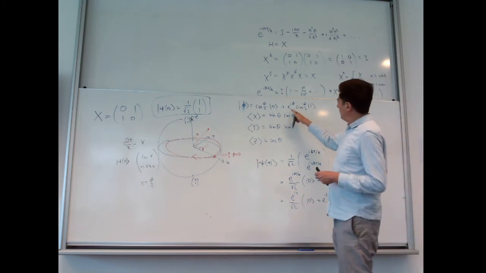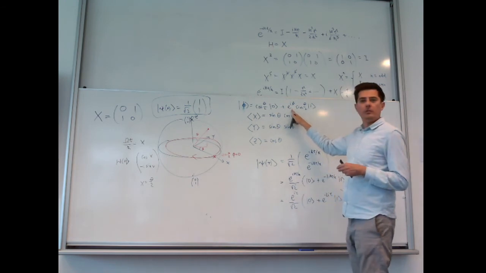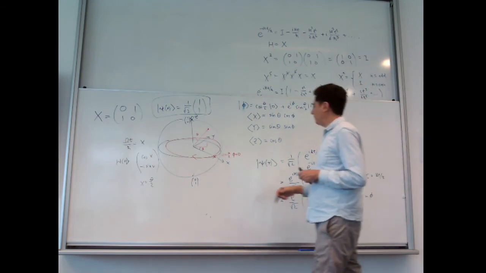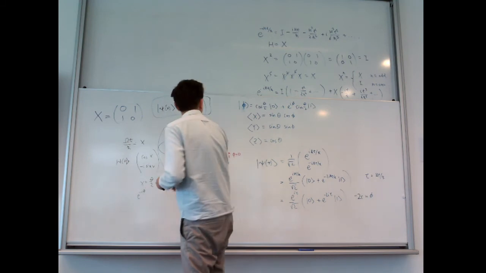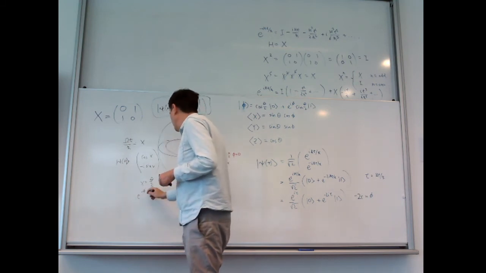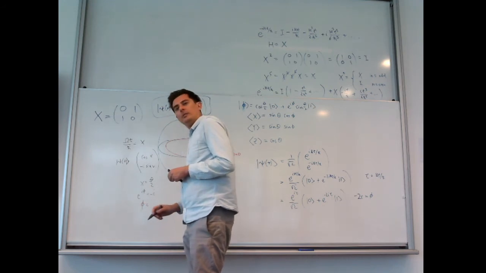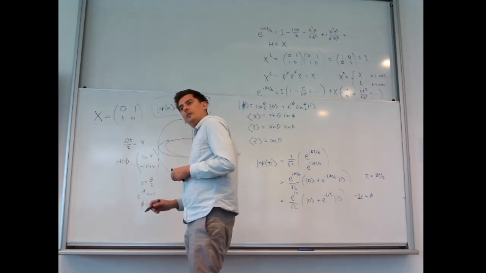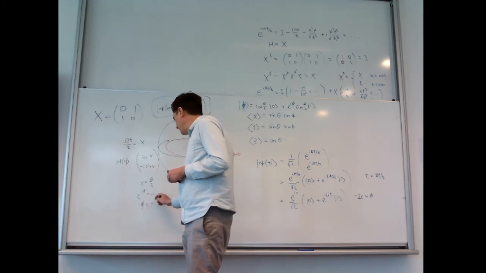And then this minus I must be this e to the I phi. So e to the I phi is equal to minus I. So phi must be what? Yep, minus pi over 2.